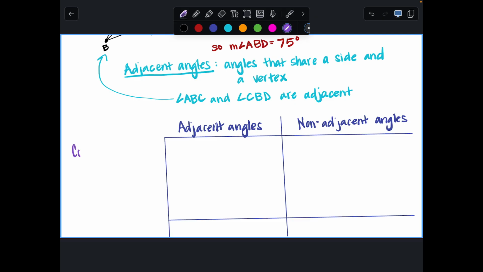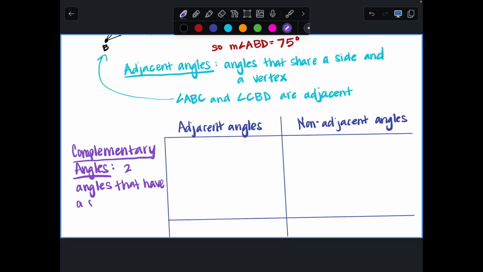Okay, so complementary angles are two angles that have a sum of 90 degrees.